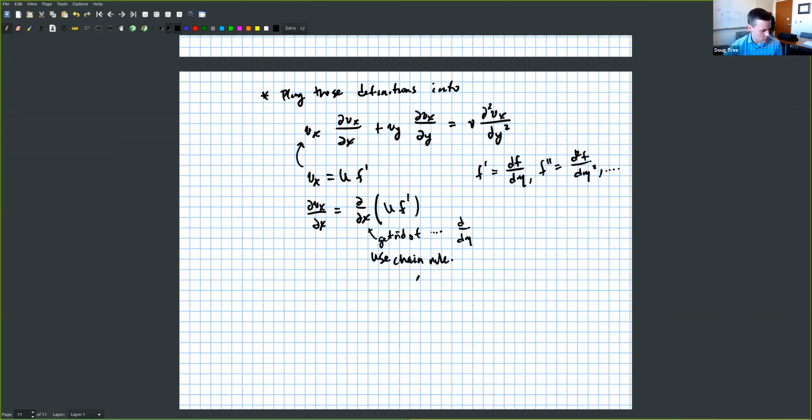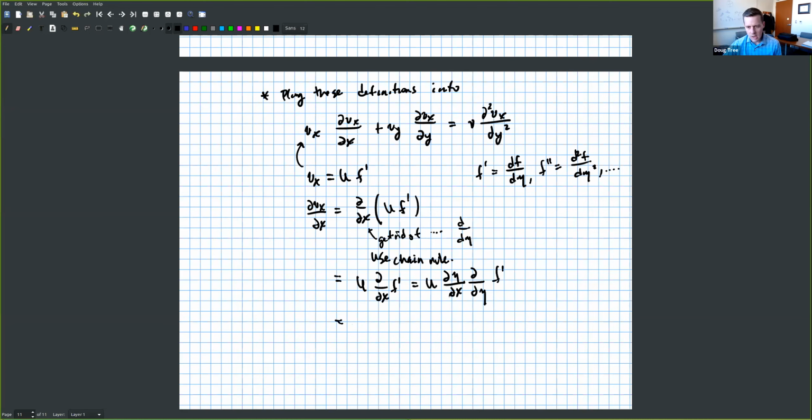Right? So u I can pull out here. The chain rule says that ddx of f prime is the same thing as u times d eta dx times d eta of f prime, right? Did I do that right? I think so.